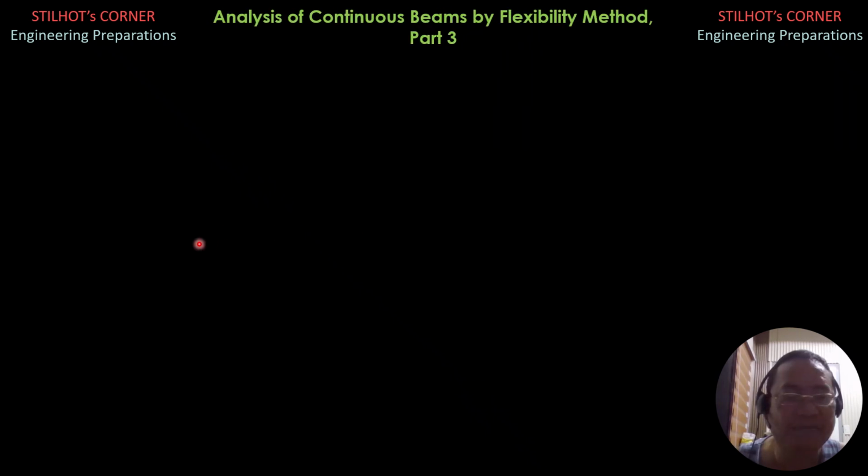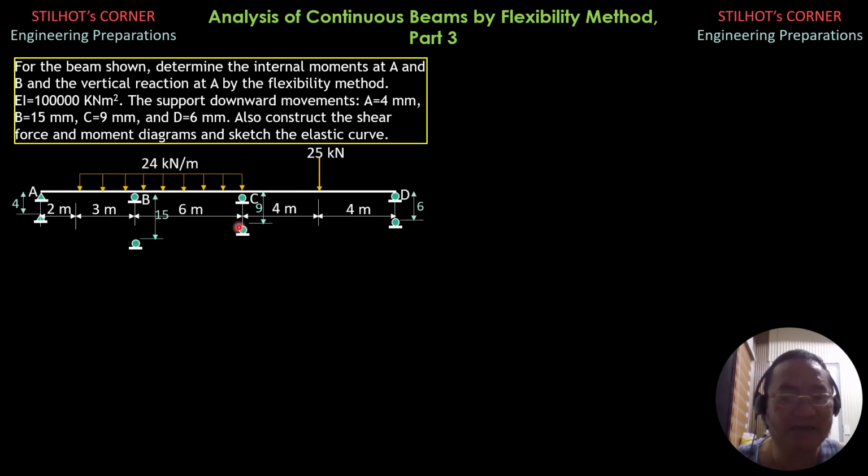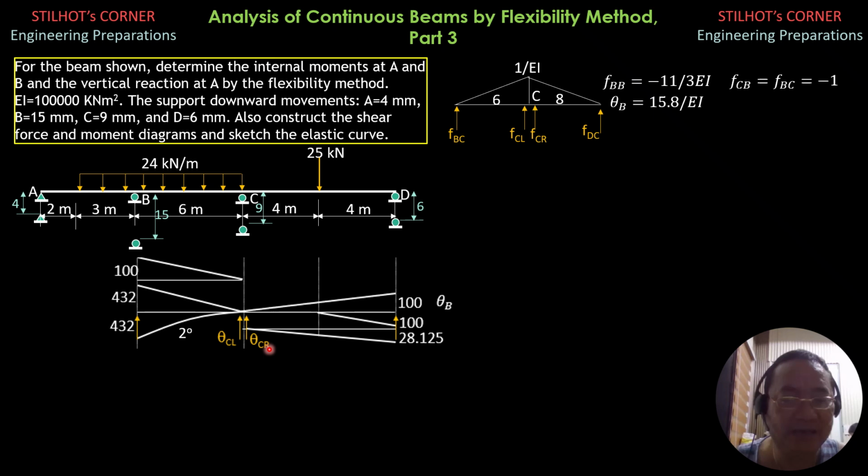So let's have the portion at C here, the diagram by parts, portion C for the unit load here. Take note that FBB is negative 11 over 3 EI, FCB equals FBC negative 1 over EI, and theta B 15.8 over EI. You may ignore EI because it is constant.